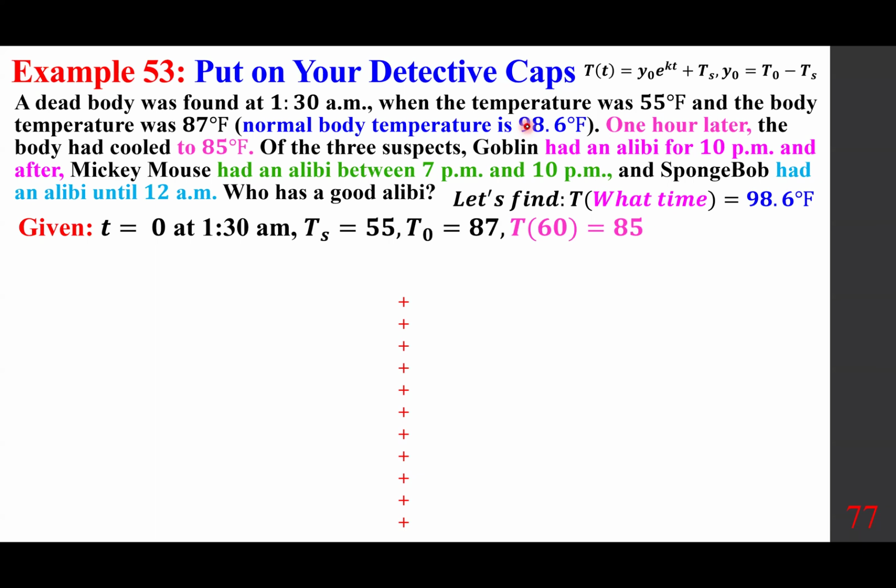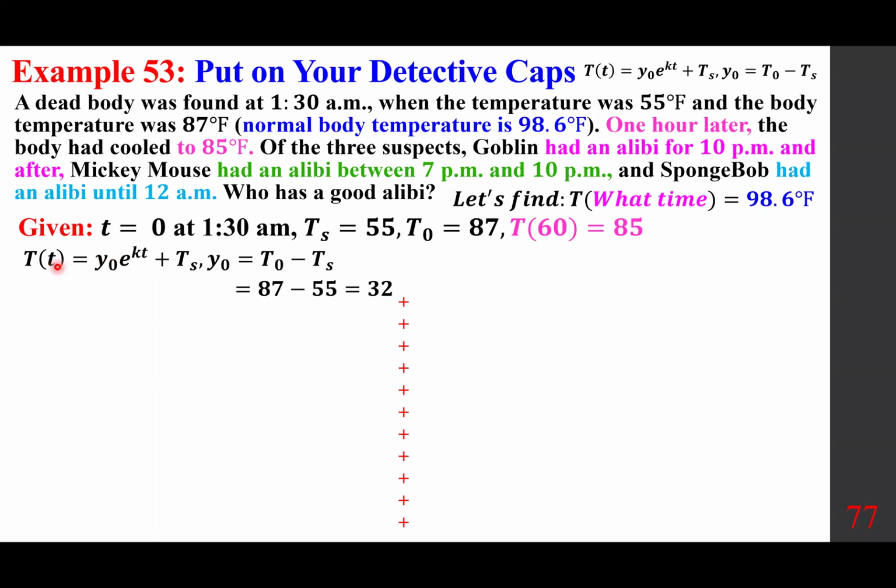So we start with the general formula, Newton's law of cooling. Capital T of t is y sub 0 e to the power of kt plus T sub s, and y sub 0 is T sub 0 minus T sub s. So this means 87 minus 55.